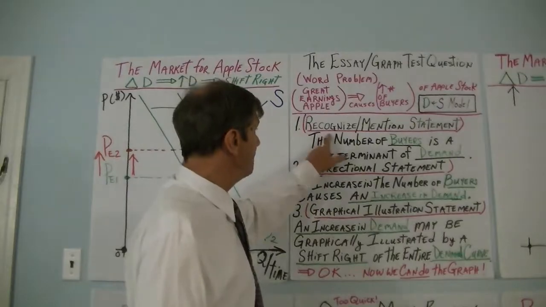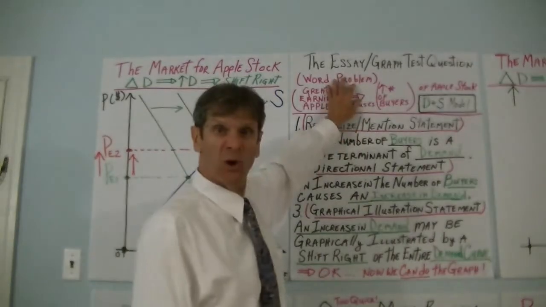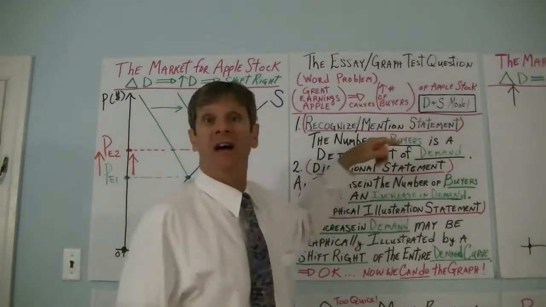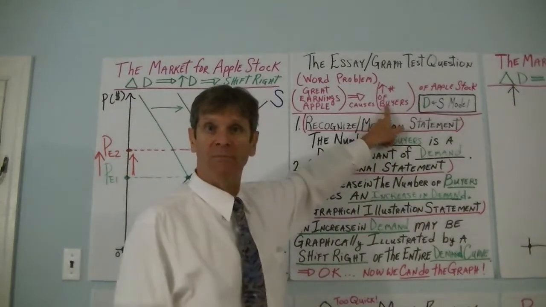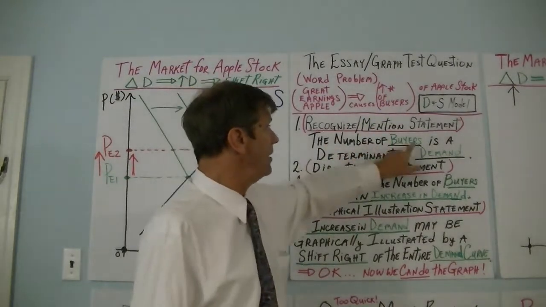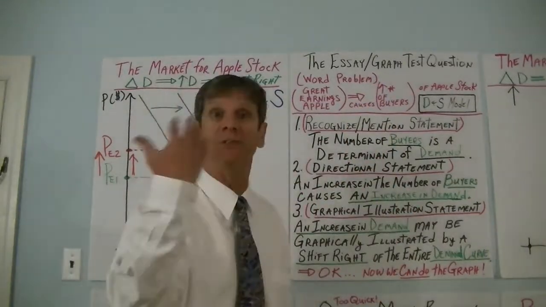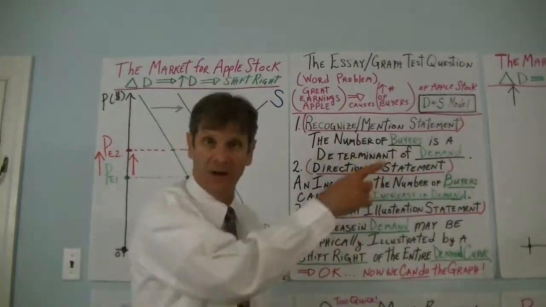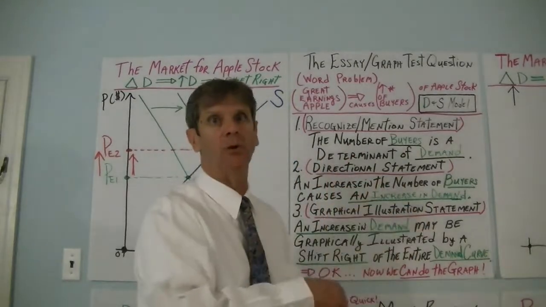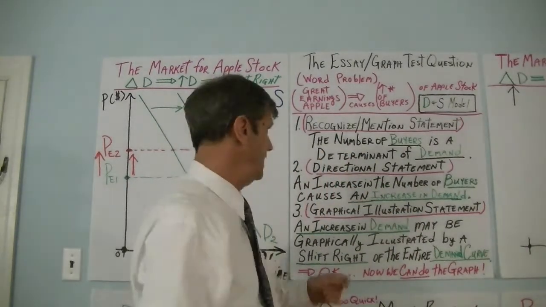The first thing is just to recognize in the word problem that you have a determinant of demand, number of buyers. The number of buyers is a determinant of demand. That's simple. How do you know that? Well, you would study it. And again, I'm cheating ahead a little bit; they're coming up in the next couple of videos.